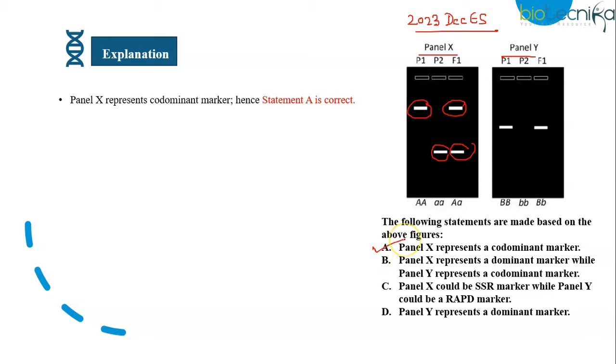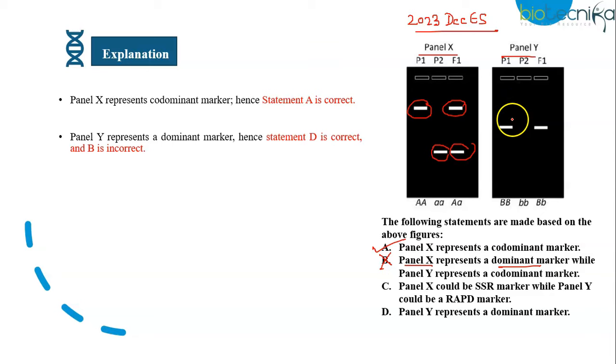So statement A is correct and statement B is incorrect because it says panel X represents a dominant marker, whereas it is a codominant marker. Then if we look at panel Y, it shows one band in P1 and F1. So no band is observed for P2.